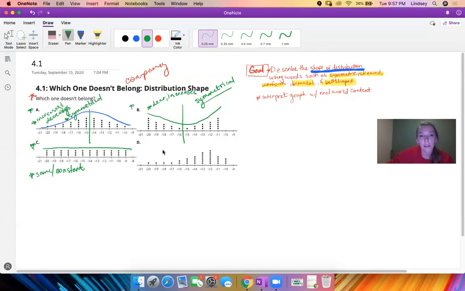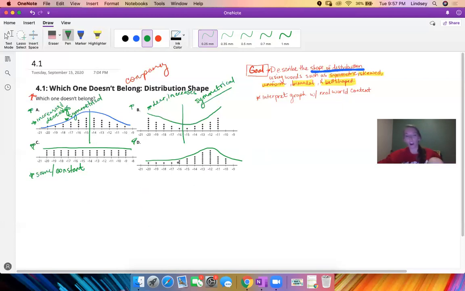And then finally, you might have said this last one, D, because it's got this little tail over here. So it kind of stays the same. And then all of a sudden it increases and then it decreases. So you might have said it doesn't belong because of that shape.